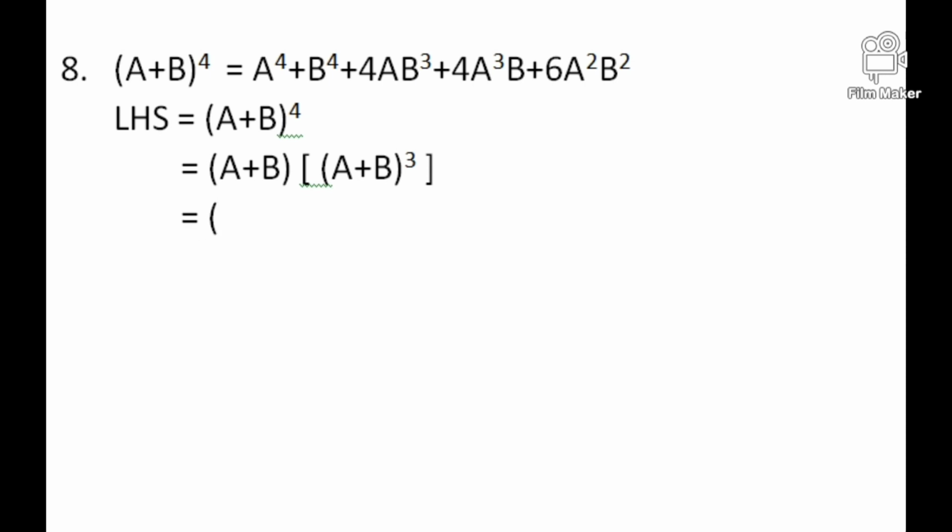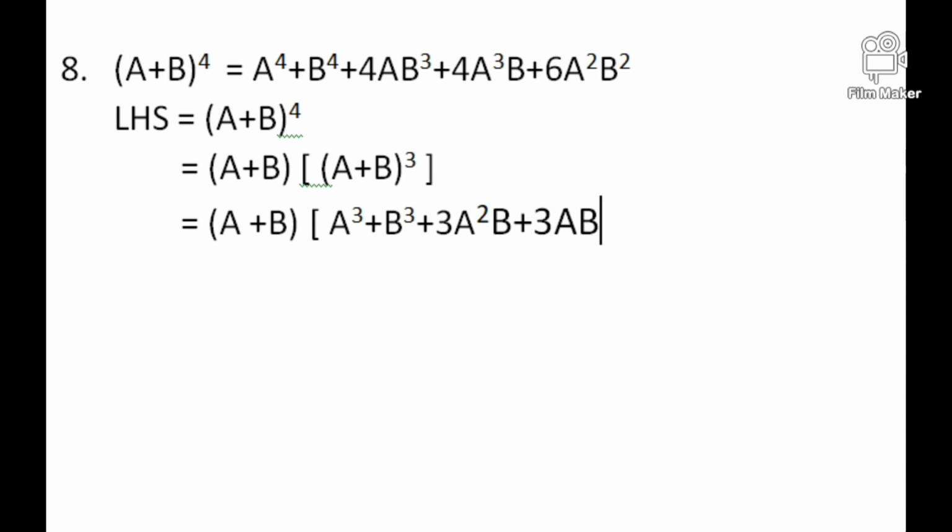I have already proved it. (a plus b) into (a plus b) whole cube equal to a cube plus b cube plus 3a square b plus 3ab square.